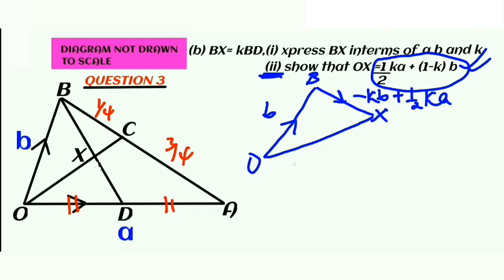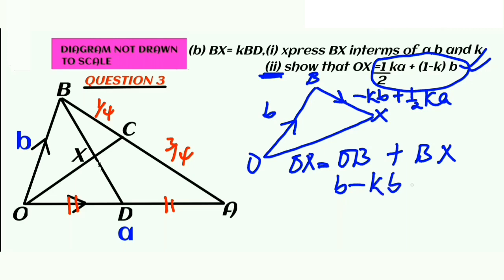From O to X equals OB plus BX. That is, OB equals B, BX minus KB plus half KA.